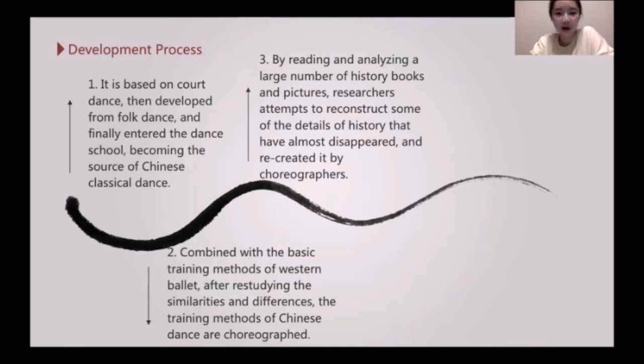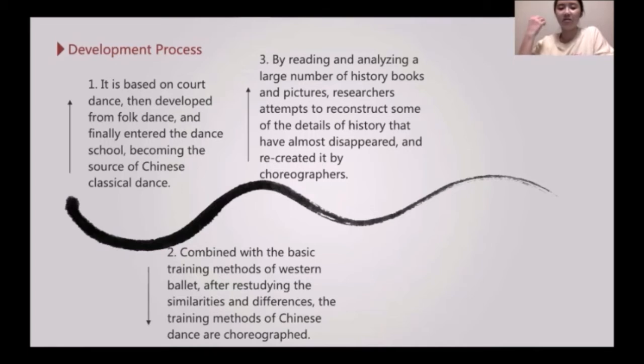The third one is by reading and analyzing a large number of history books and pictures. The researchers attempt to reconstruct some of the details of history that have almost disappeared and recreate them through choreographers.